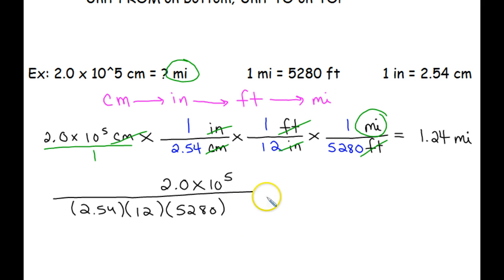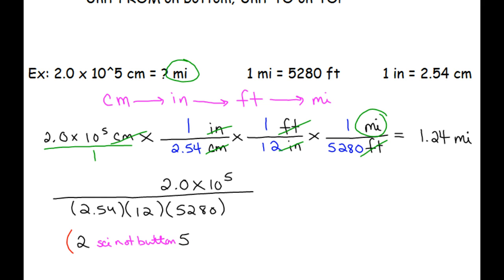Okay. And the way you would correctly put that into your calculator is that you would use parentheses. You'd use your 2 and then your scientific notation button. And some of you may have to hit second and then the button.